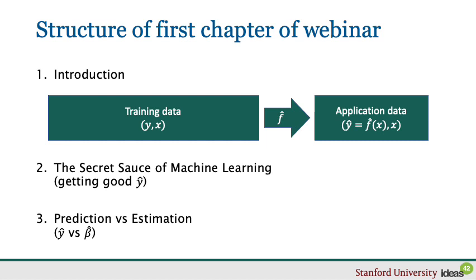In other words, how can we get good y-hats? And in this last part, I compared getting good y-hats to getting good beta-hats, or in other words, getting good estimation. And I derived as a takeaway that machine learning is great at getting high-quality y-hats, but by itself doesn't deliver good beta-hats or good estimation.